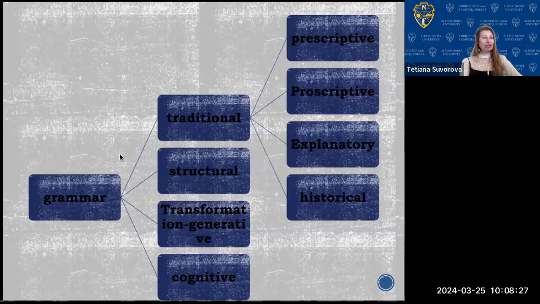Then transformational generative grammar, the second part of the 20th century, and cognitive grammar nearly in that period, the transformational generative a little bit earlier, and then cognitive at once. As the opposition to this, because transformational generative grammar is about forms. We pay attention to the form and we analyze the formal characteristics of the speech, of the sentence, and so on.